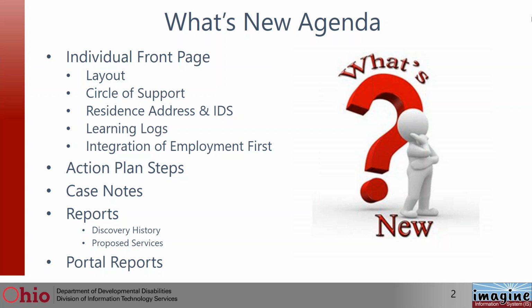There are learning logs, easily input by the SSA now. And also the integration of employment first is visible on the individual's front page. We also have the action plan steps. We've made it a lot easier for the SSA to enter the action plan steps.